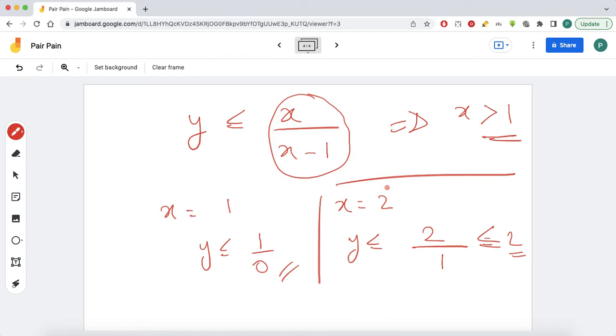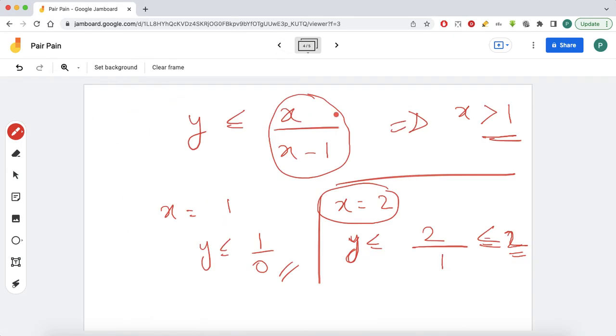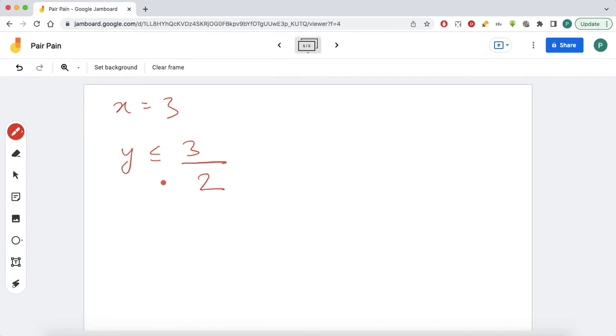So for x is 2, we need y to be less than equal to 2. Okay, let's go further. When x is 3, y should be less than equal to 3 over 2, because it is x over x minus 1, which is nothing but less than equal to 1.